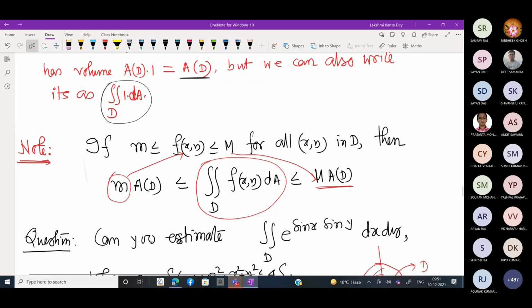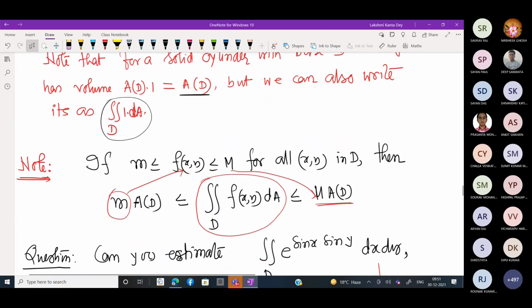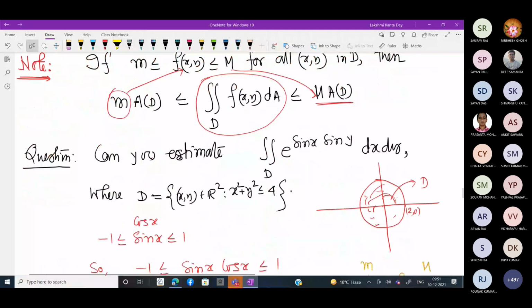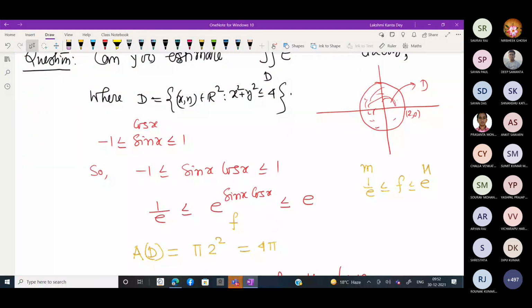Yes, sir. Here you have taken an example of e to the power i sin x cos x. Here sin x cos x will lie between minus half and half, so wouldn't that answer be more appropriate? No, minus 1 to 1. No sir, sin x cos x will lie between minus half and half, because sin x cos x is sin 2x by 2.